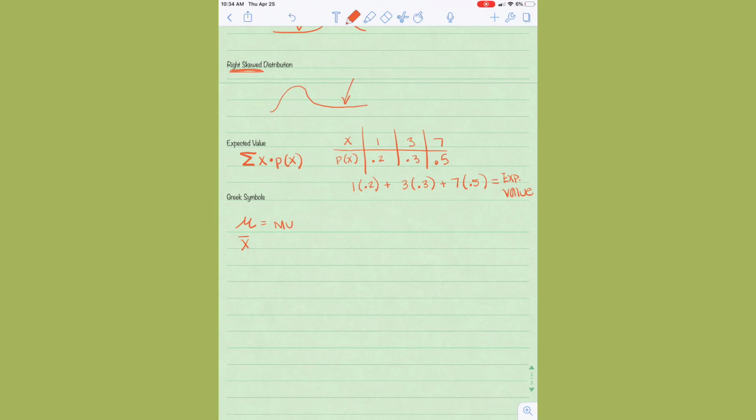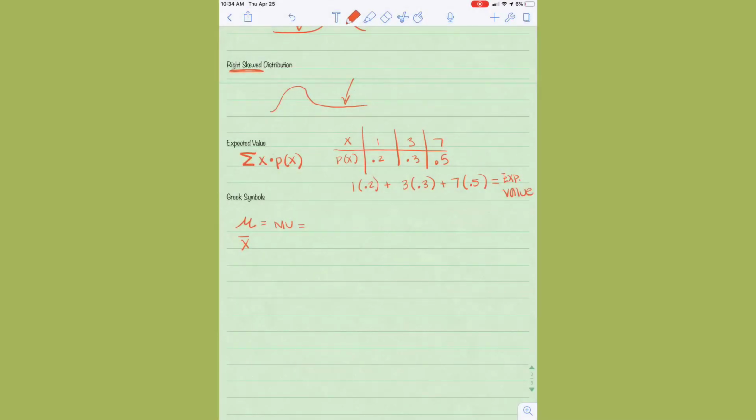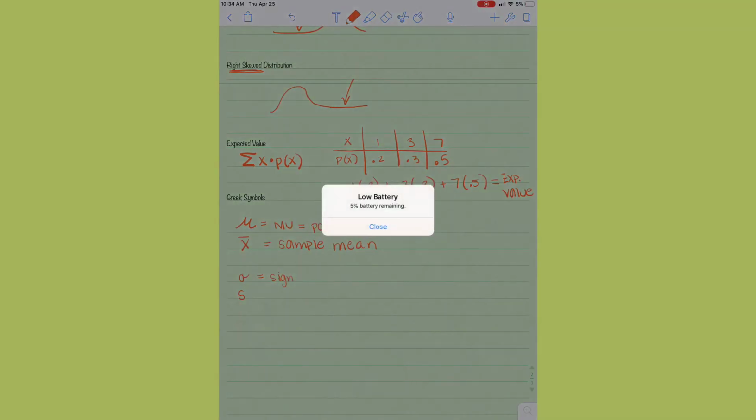It's just an X. Mu stands for the population mean, and the X with the bar actually stands for your sample mean. Then you have the lowercase sigma, and then you have an S. So this is the lowercase sigma symbol.